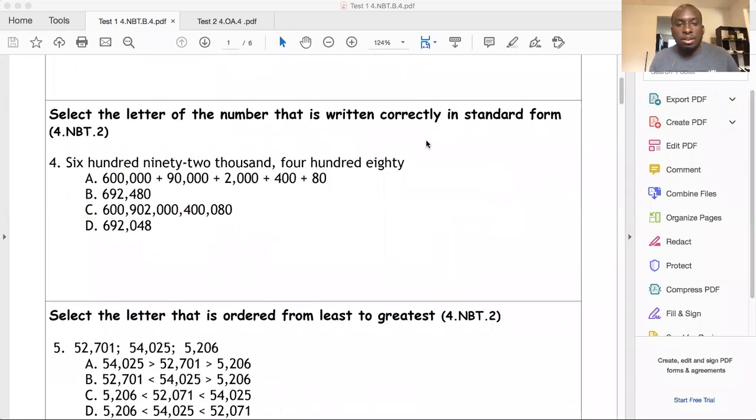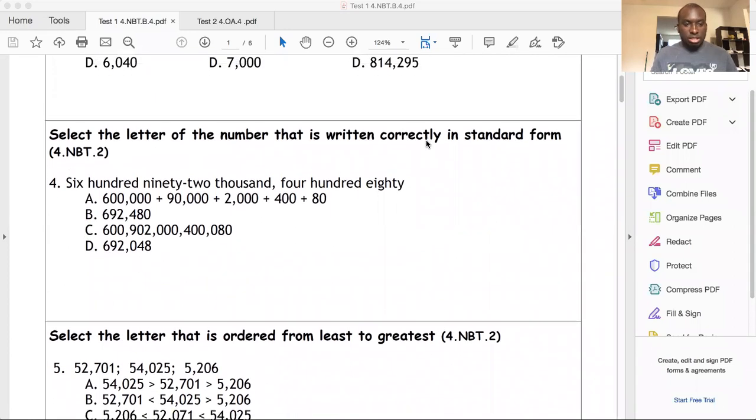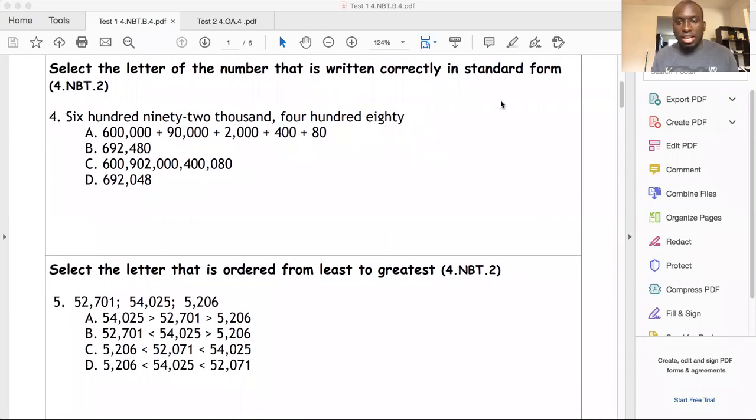Number 4 and 5, I'll move it right here so I can do both. Number 4 wants me to write this number in standard form. Standard form is the usual way to write numbers.